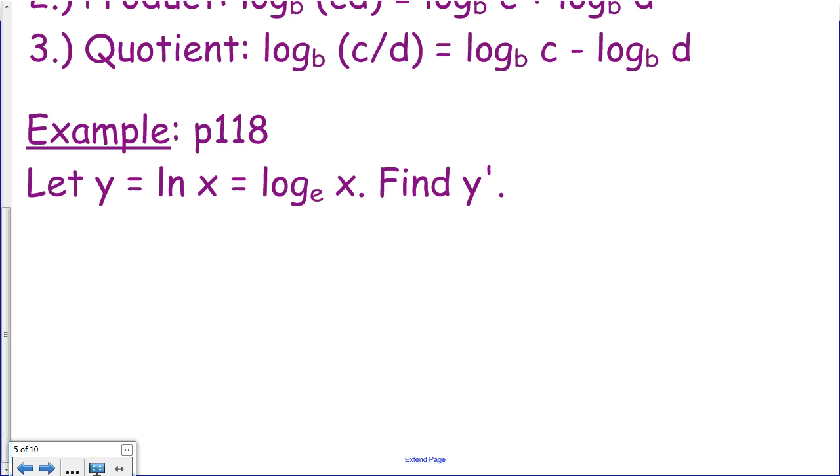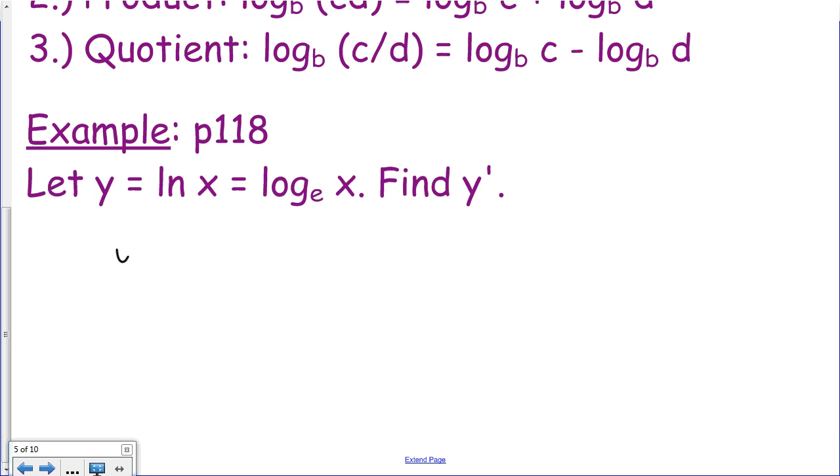And we want to find out what y prime is equal to. Now, in order to do that, we're going to use a little technique that's called implicit differentiation in this process. So I'll first set this up and then show you what implicit differentiation is.